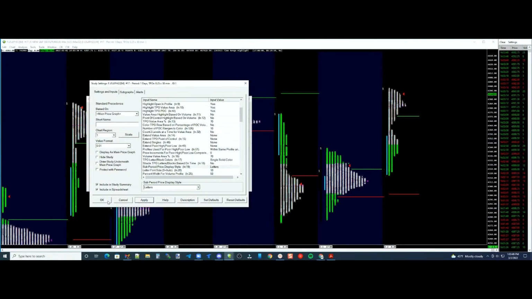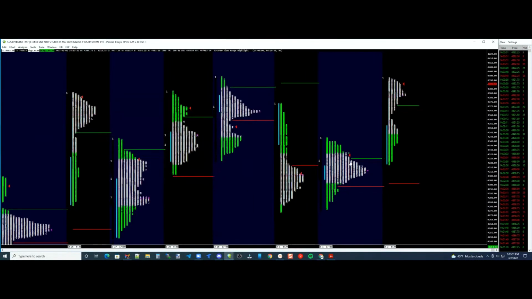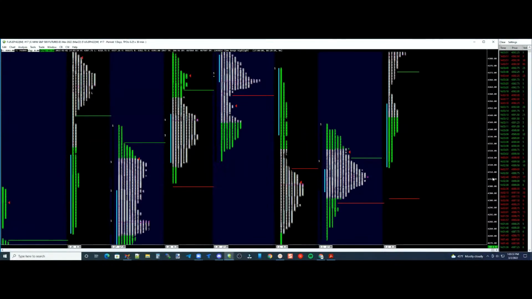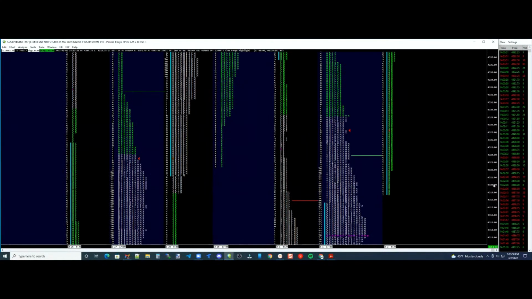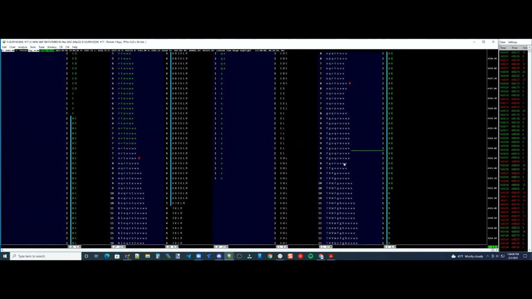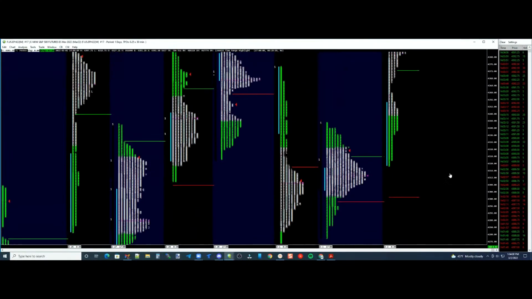Now what we see is the profiles separated out. Each one of these letters is a TPO, and how many times you traded across this price is how many TPOs you've had at this price. So that's your TPO count.